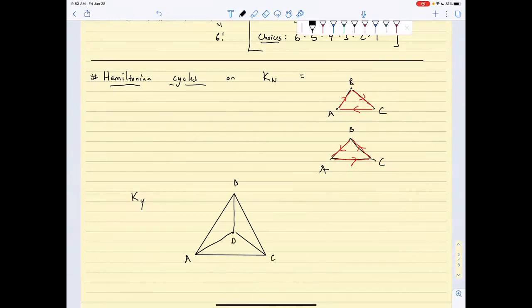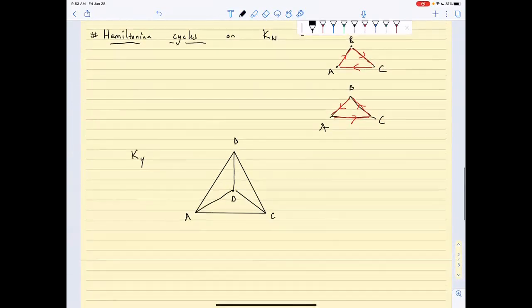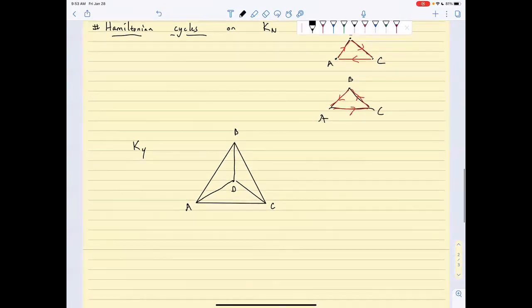Now, if we were considering cycles here, well, we have 4 factorial, which is 24 paths, and we can close them up. And we'll get a cycle for each one.